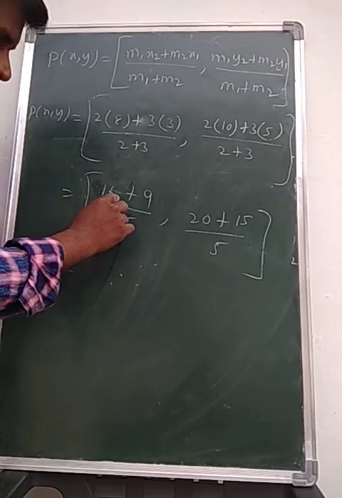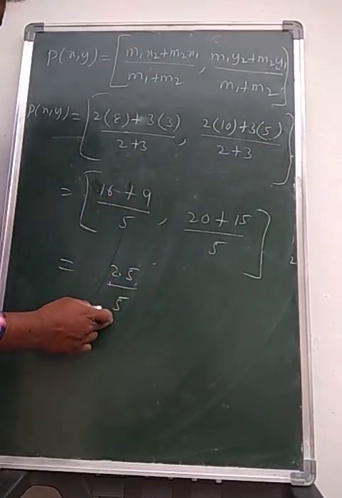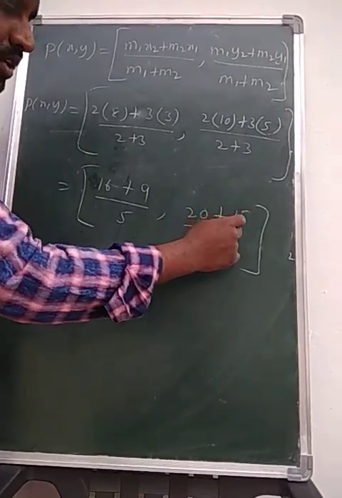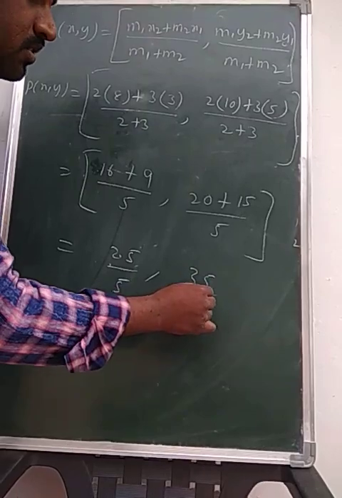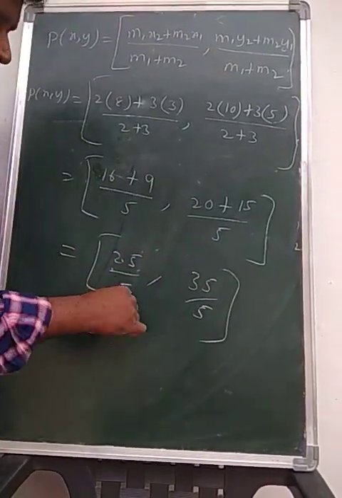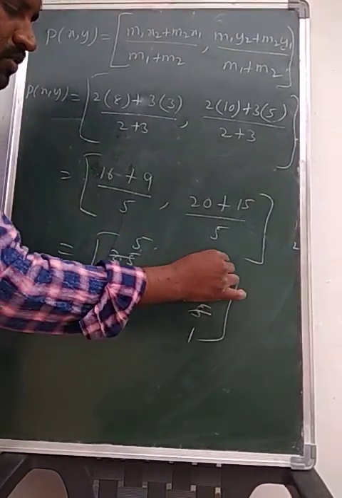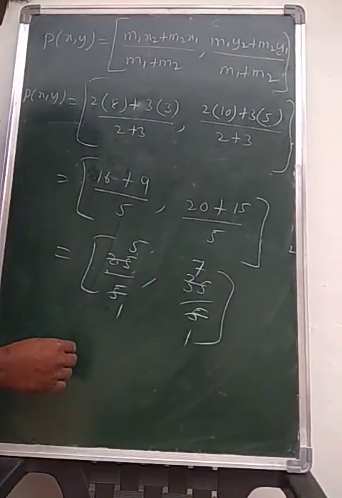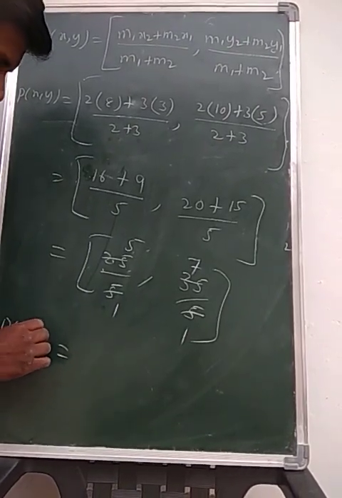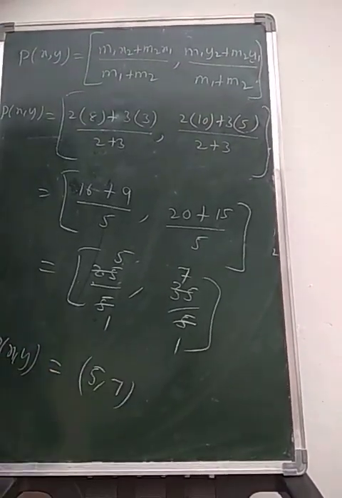Now 16 plus 9 is 25 by 5, comma, 20 plus 15 is 35 by 5. So you can cancel 5: 25 by 5 is 5, 35 by 5 is 7. So we get the required point P(x, y) equal to (5, 7).